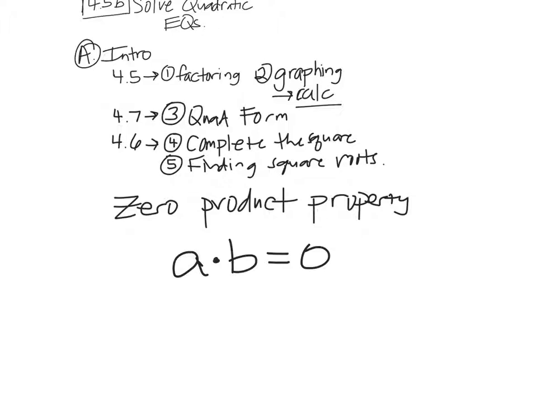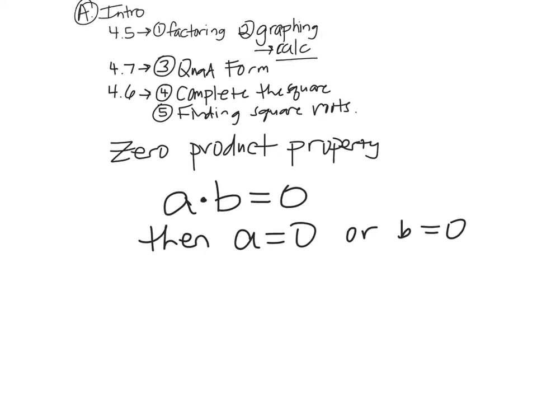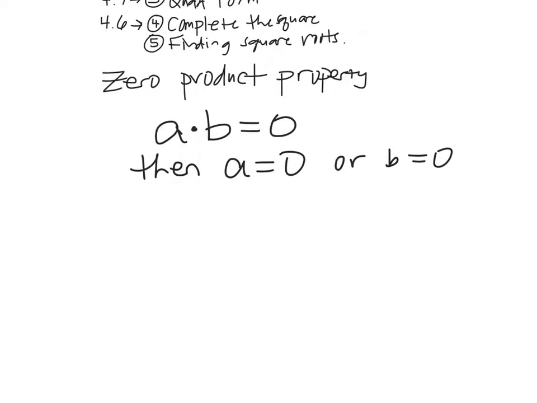Okay? So I take something times something, I get 0. Then what must be true? What has to be true here? Then either what? A has to be 0 or B has to be 0. Or both, right?